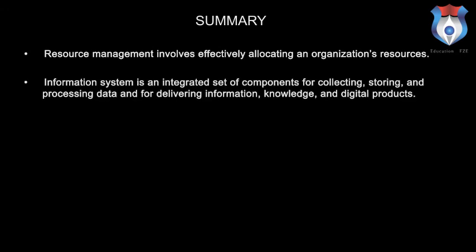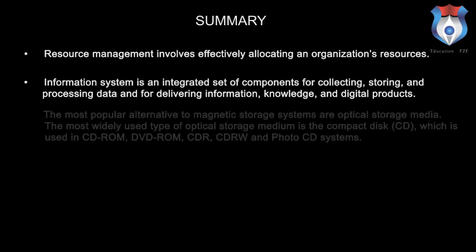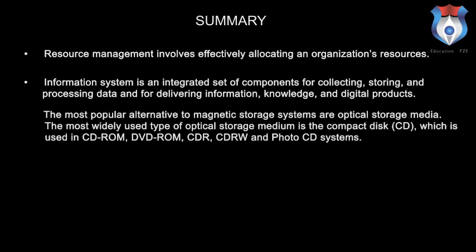Summary. Now in the end, let us summarize what we have learnt in this lecture. Resource management involves effectively allocating an organization's resources. A resource management information system supports this effort by utilizing information technology to manage administrative functions.